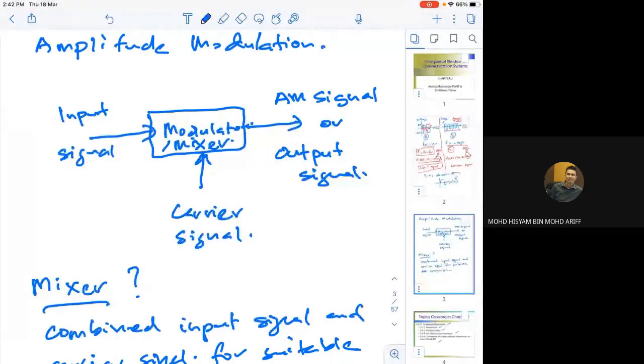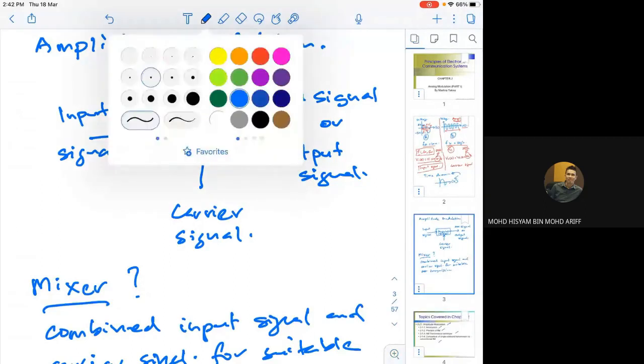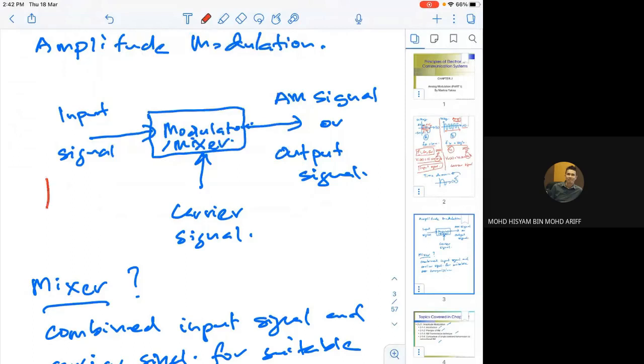Now, before we start, you must know how to draw. Normally, students find it easy to understand because you understand the concept. Input signal, you must draw like this. This is low frequency.